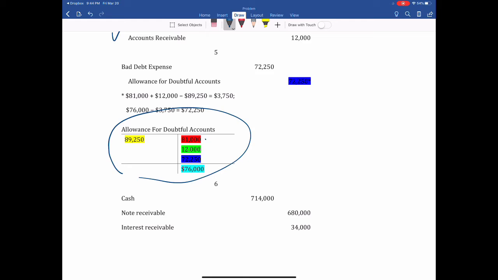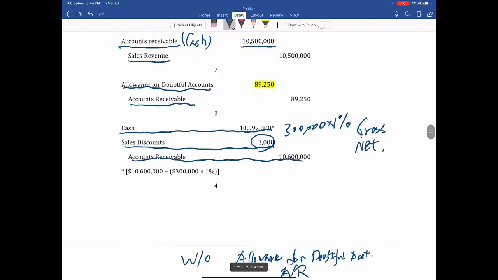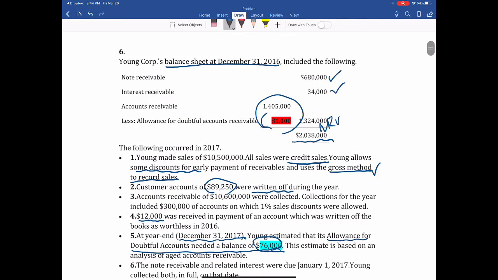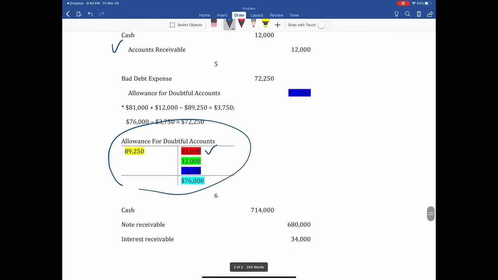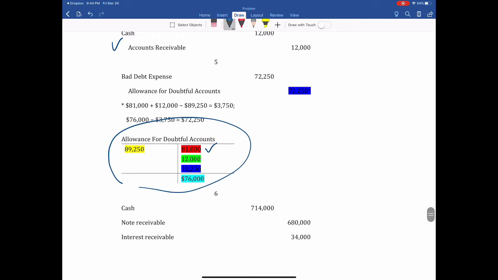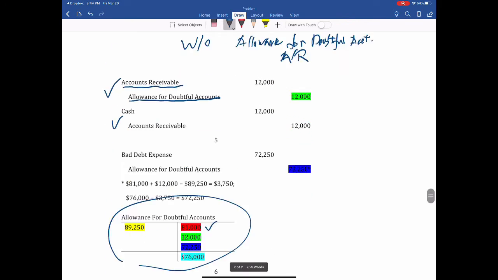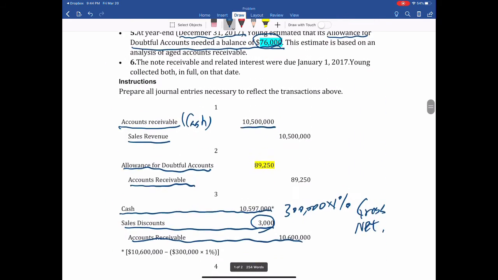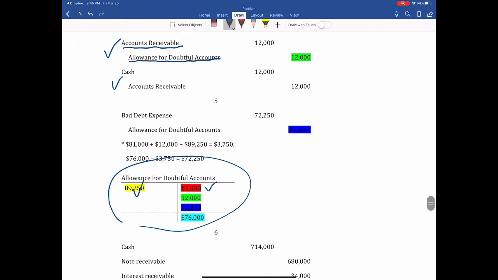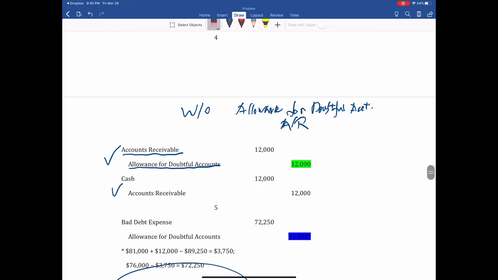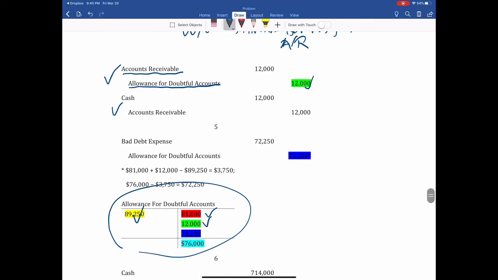And 81,000, which was provided, is the credit balance, okay? The next one is, see here, we debit allowance for doubtful accounts, okay? So debit. The next one is we credit 12,000 here.